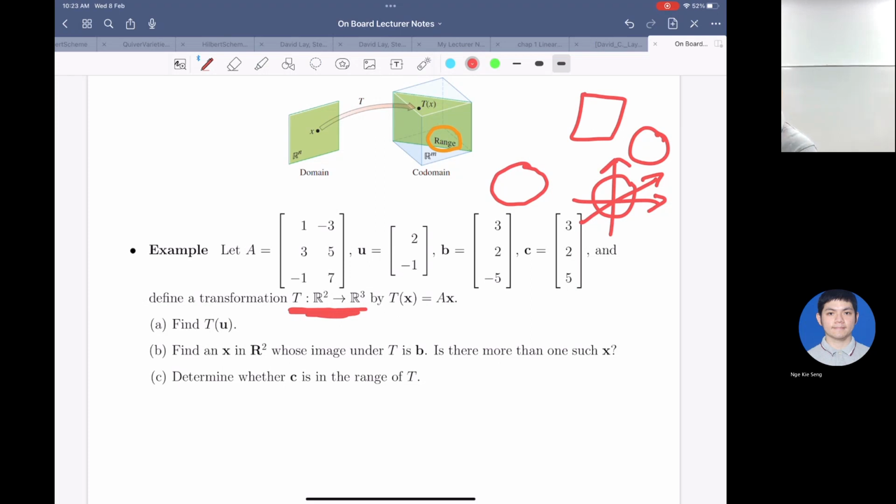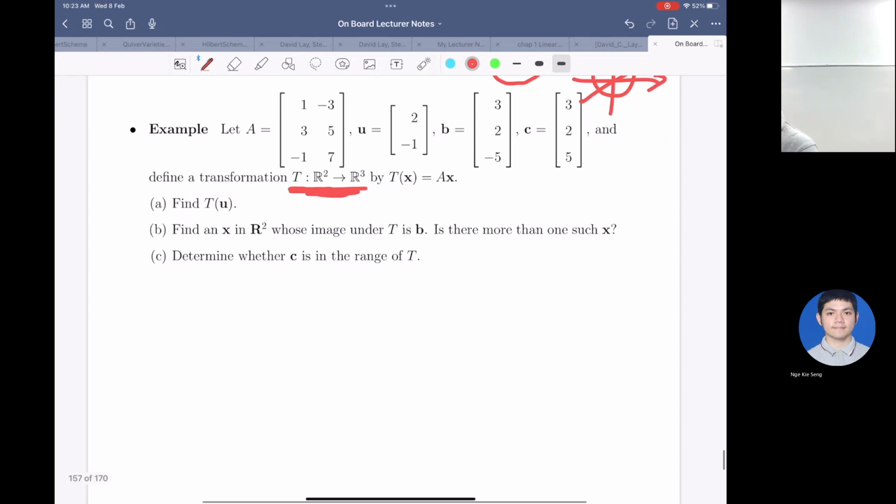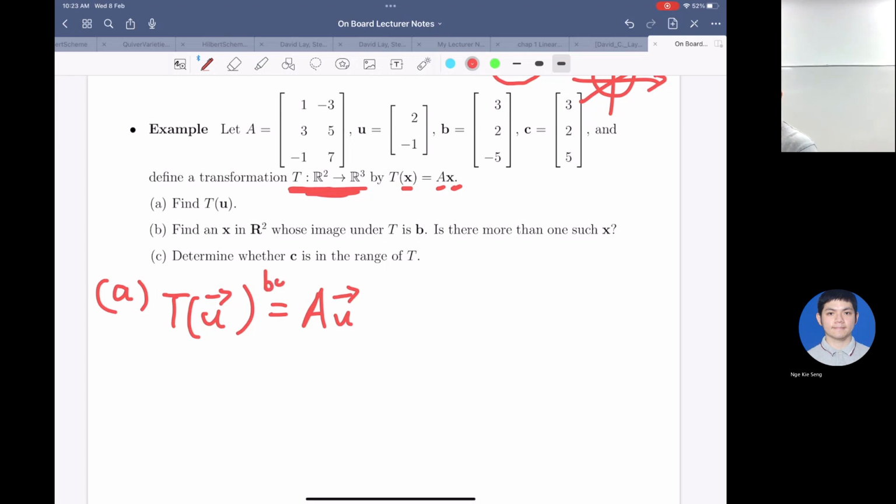Now let's see what happens to this matrix here. The definition is, you give me a vector, I take a matrix, multiply the vector. Let's try and find what is T(u). By definition T(u) is Au. What is A?